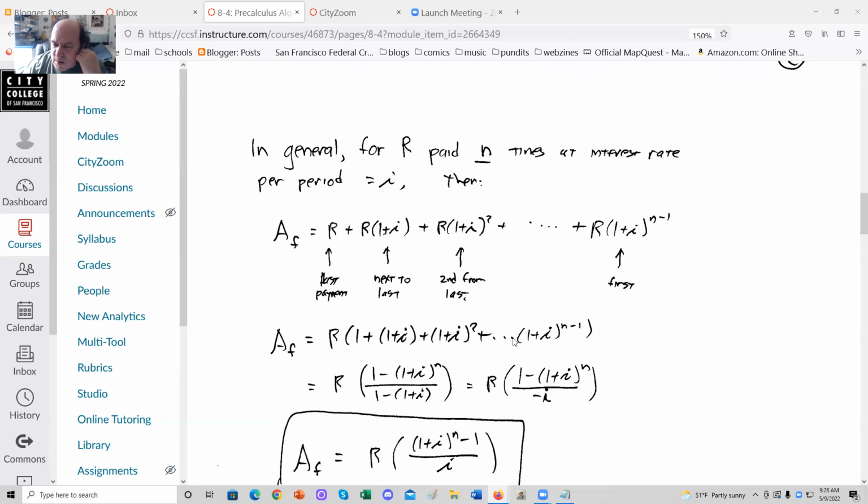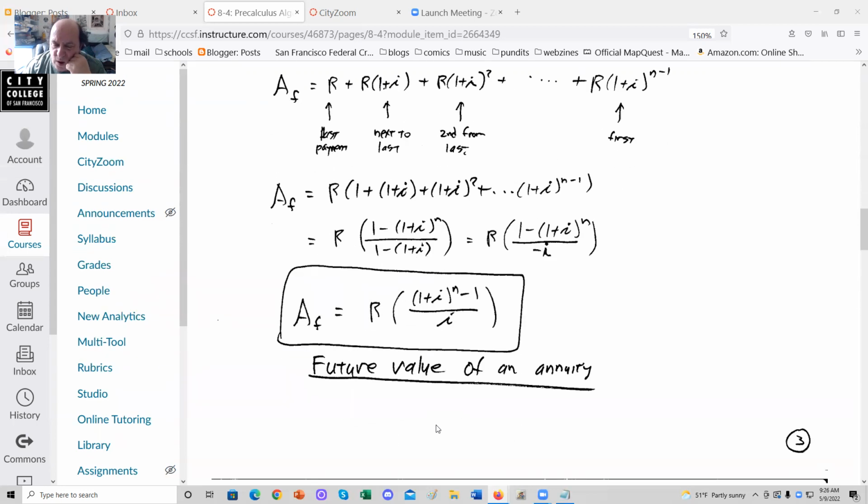This is a geometric series. It'll be 1 minus (1 plus I) to the nth power over 1 minus (1 plus I), so R times (1 minus (1 plus I) to the n) over negative I, because the minus reverses these. So the future value of an annuity will be R, the regular payment, times ((1 plus I) to the nth minus 1) over I. That's the future value.